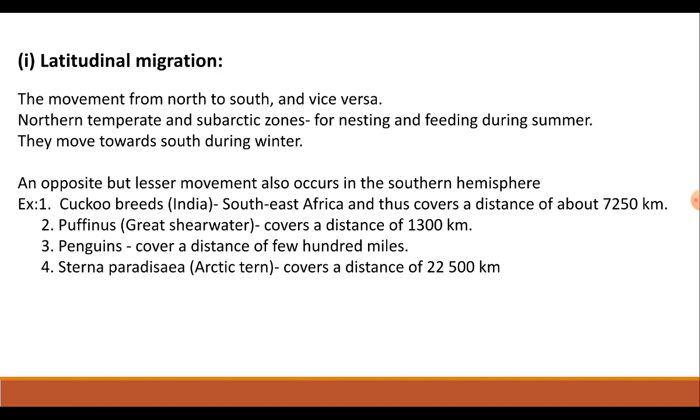When you see the penguins, they migrate by swimming and cover a considerable distance, a few hundred miles. When you see the Sterna paradisea, which is an Arctic tern, it breeds in the northern temperate region and migrates to the Arctic zone along the Atlantic.